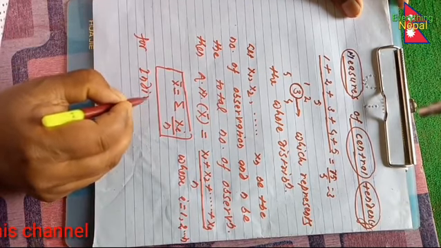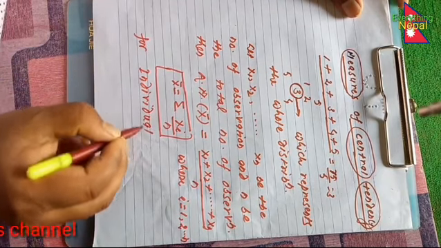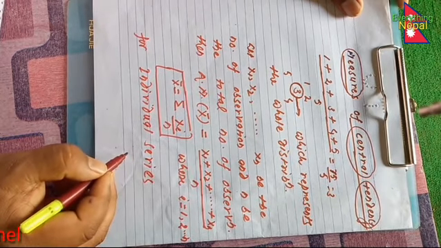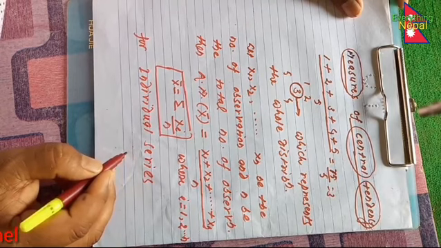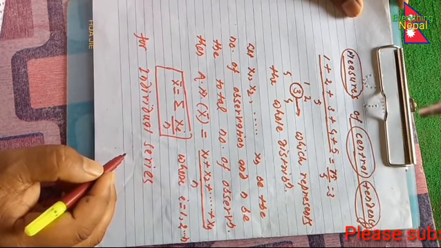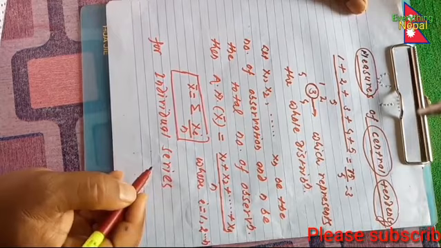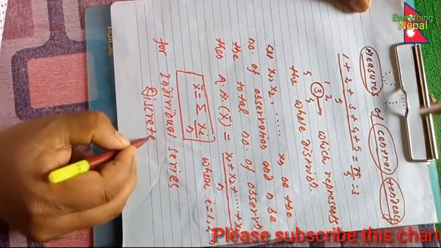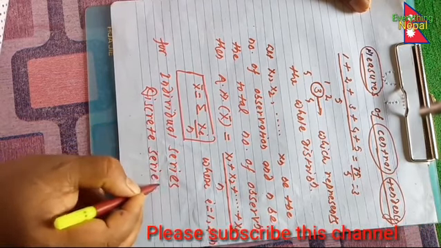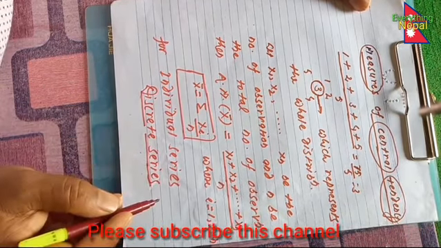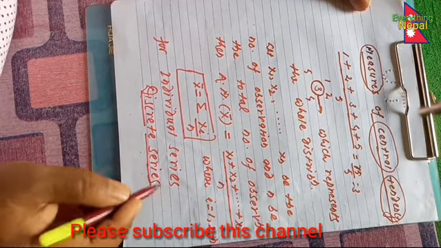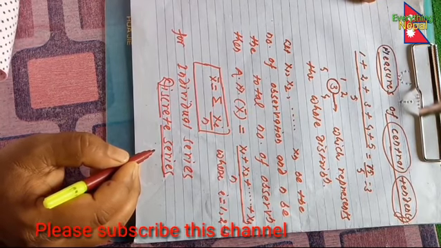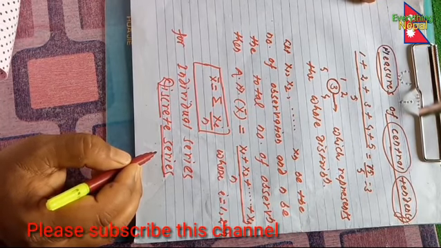Similarly, we can also give the formula for the discrete series and continuous series. Now in case of discrete series, as we already know, discrete is the series in which the observations along with their corresponding frequencies are given.